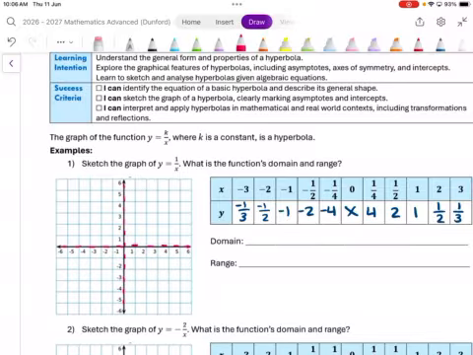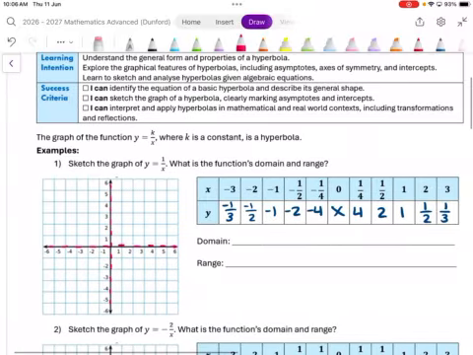From here, we can just plot our points. So at a half, we're at 2. At 1, we're at 1. At 2, we're at a half. At 3, we're at a third. So we generally just need the general shape of our function and some key points.